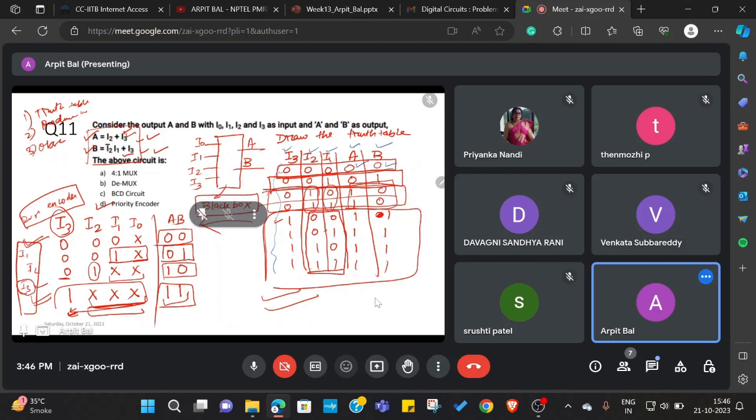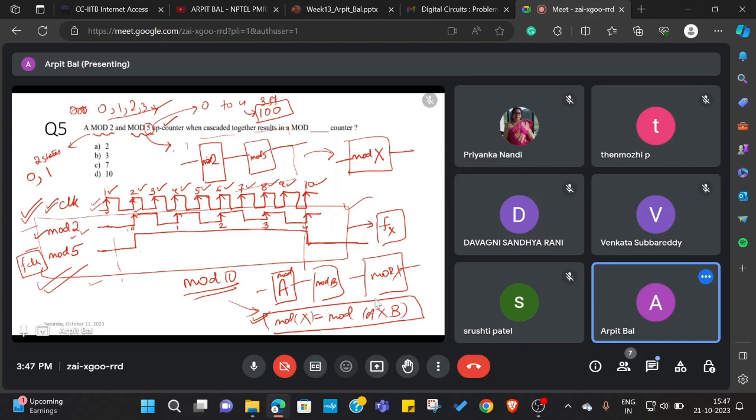Whenever I1 is 1, AB is 01. Whenever I2 is 1, irrespective of the I1 value, AB is 10. Similarly, whenever I3 is 1, irrespective of the I2 and I1 values, AB is 11. So this is actually the behavior of a priority encoder. Based on the higher bit, the value of AB is decided. Using this truth table method, you can figure out the behavior of a circuit.